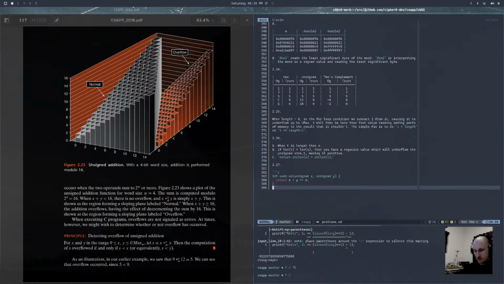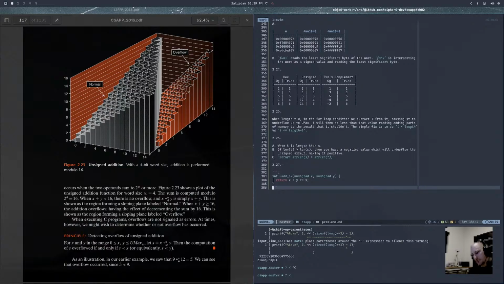Oh, they did a much larger, oh no, that's a different function, 2.7. Yeah, they use an extra variable, that's unnecessary. But this function is a direct implementation of the rules given to determine whether or not an unsigned addition overflows. Pretty straightforward.